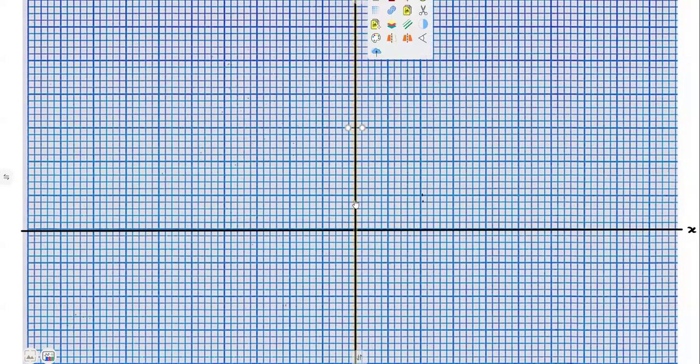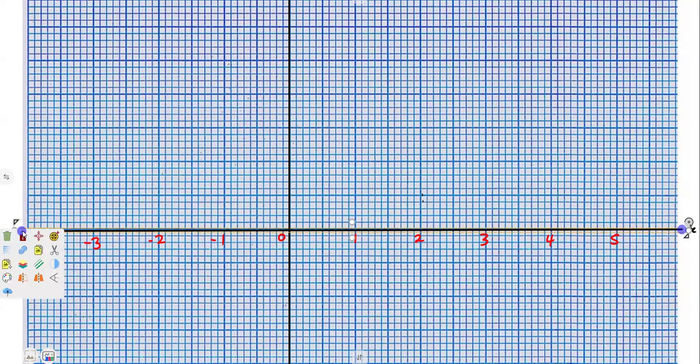So I'm just going to shift this one here, so that our 0 is here, and this will be 1, 2, 3, 4, 5. We now have the 5. Then minus 1, minus 2, minus 3. This line is not straight, it just needs to be taken up a little bit. Okay, let's just leave it. So this is from -3 up to 5.